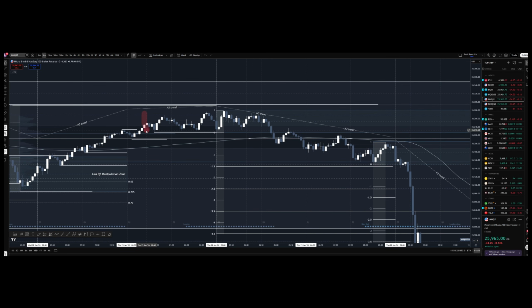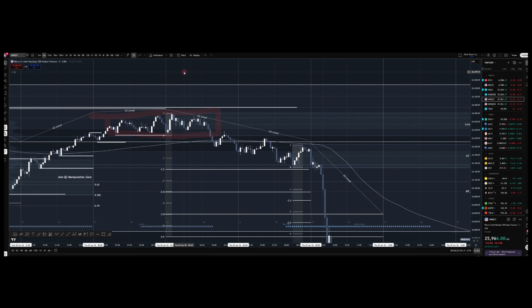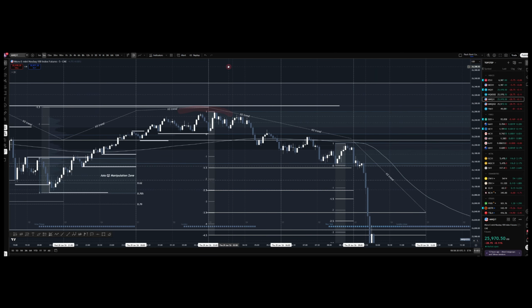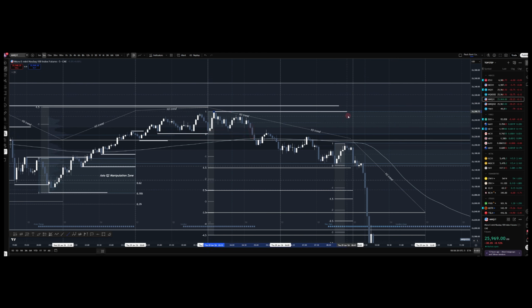I'm going to that Asia zone in here. And this was where the distribution was forming. We get our breakdown here. Locks in the high. Once that low is broken, get our next high here.